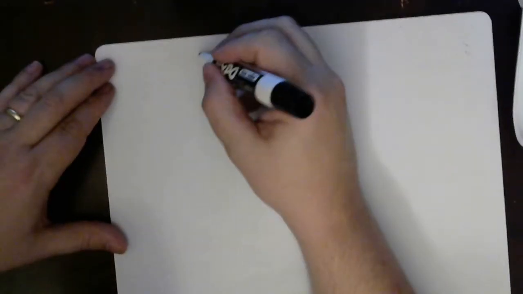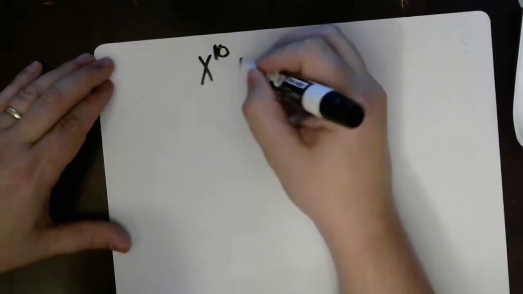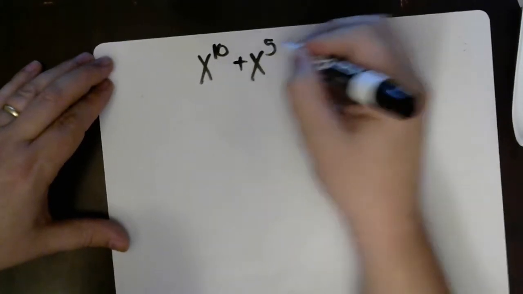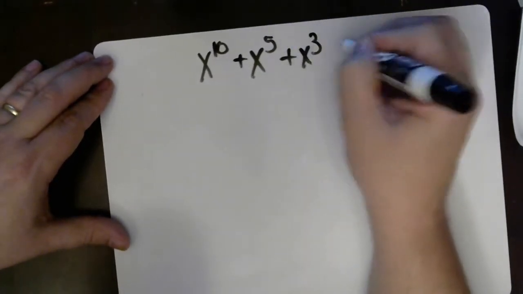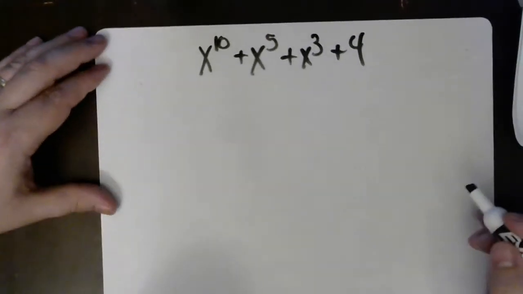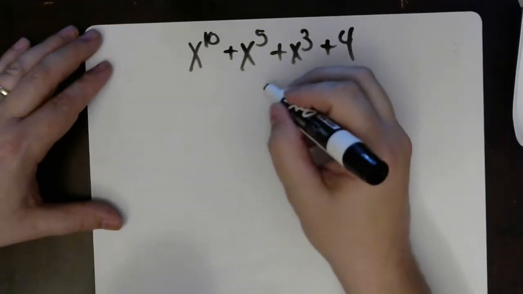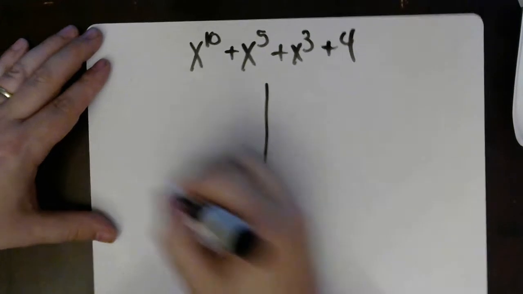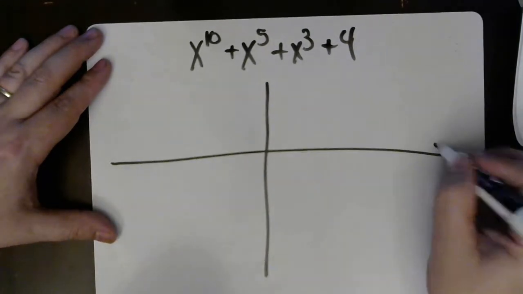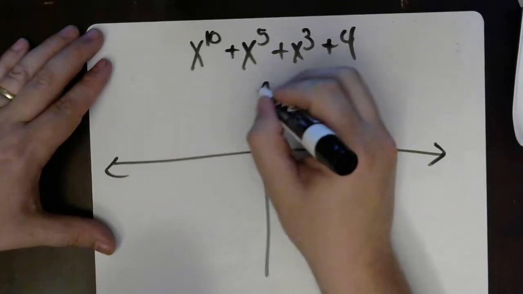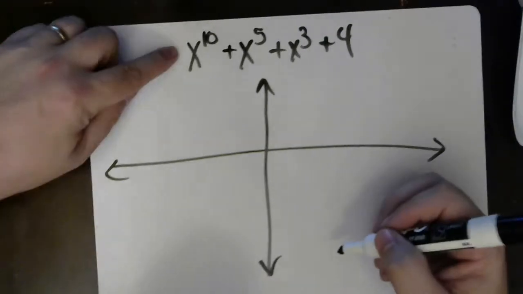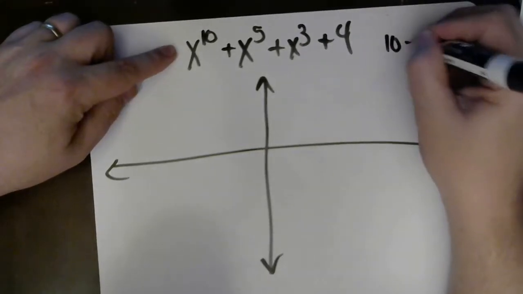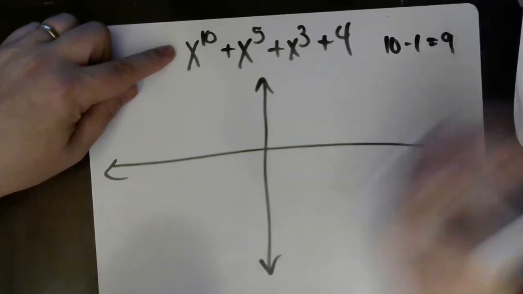Another one. We're going to make a really big one. So let's do x to the 10th plus x to the 5th plus x cubed plus 4. Okay. So this is a power of 10. In this case, how many possible turning points are there? Well, we take 10 minus 1, and that's going to give us a 9.